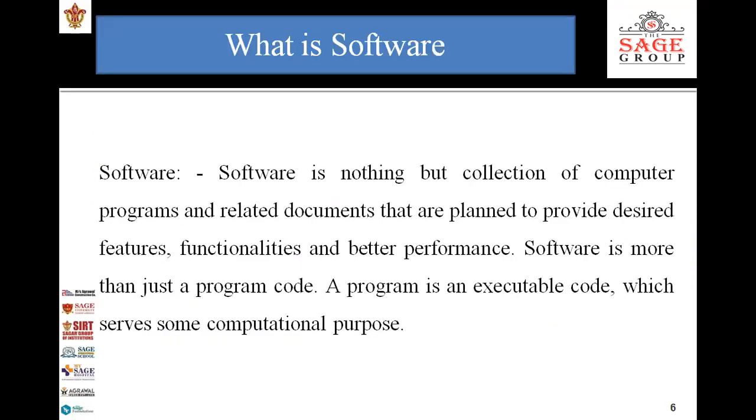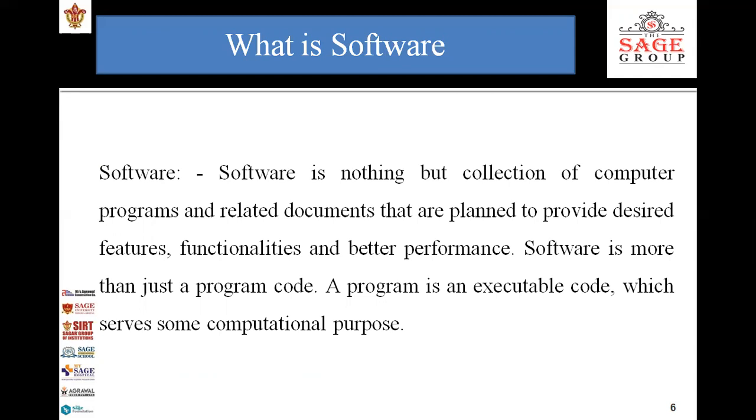What is the software? Now, we can say the software is nothing but a collection of computer programs and related documents that are planned to provide desired features and functionality and performance. So we can say software is more than just a program code, right?